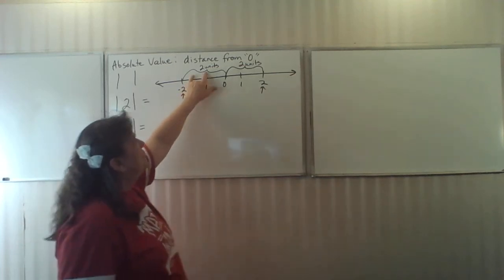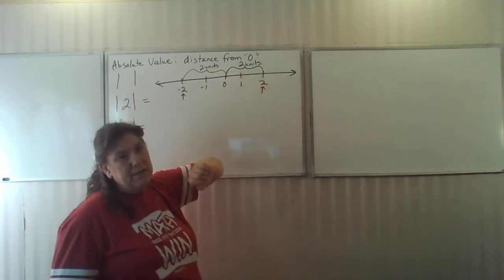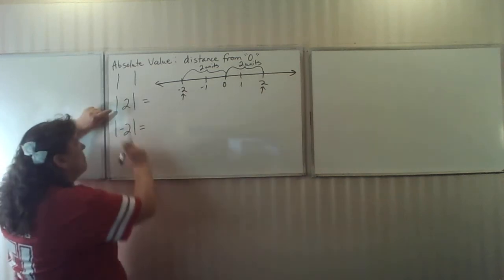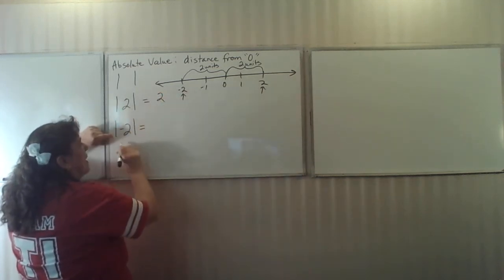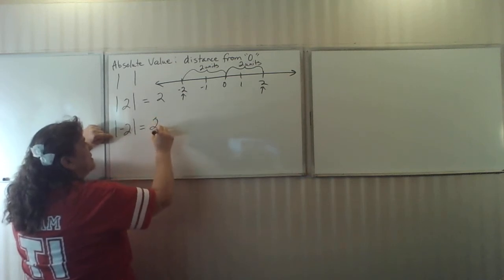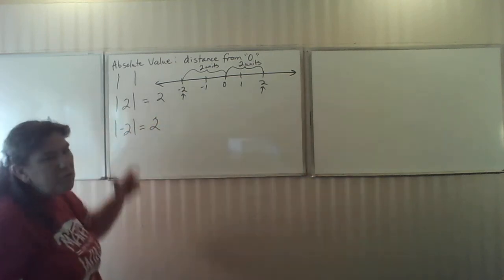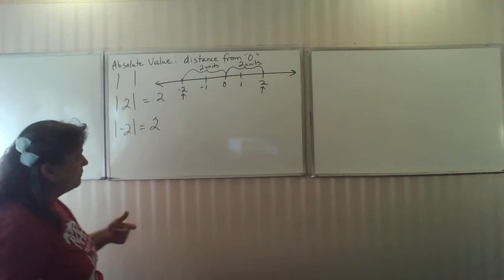And so we have 2 units from 0 in this case. So my absolute value of my 2 is 2. My absolute value of my negative 2 is also 2 because both of them are 2 units from 0.